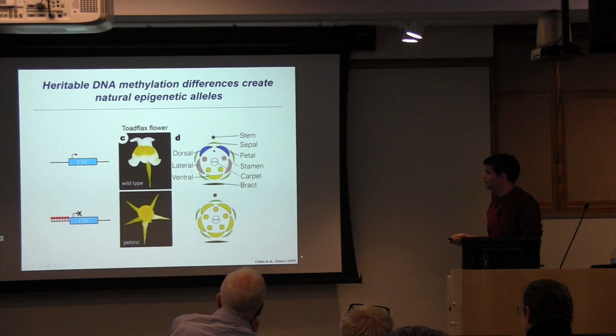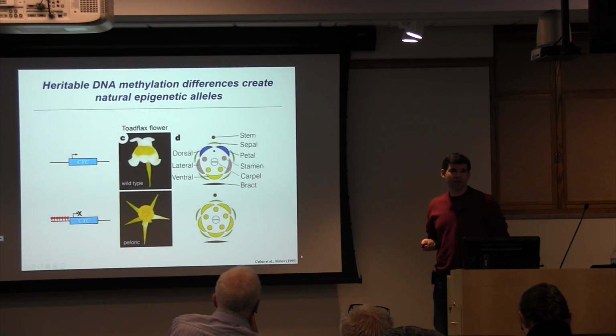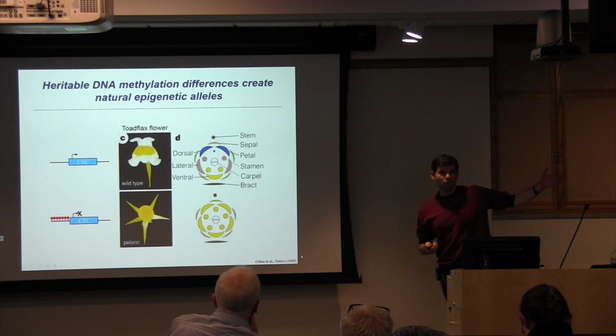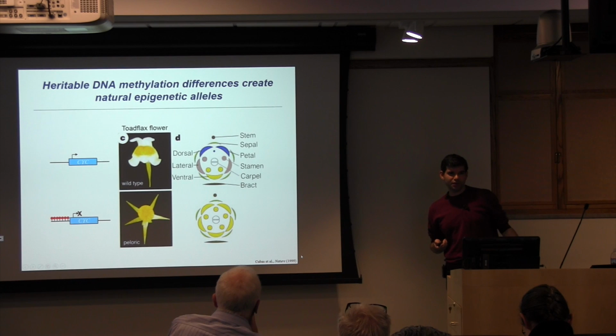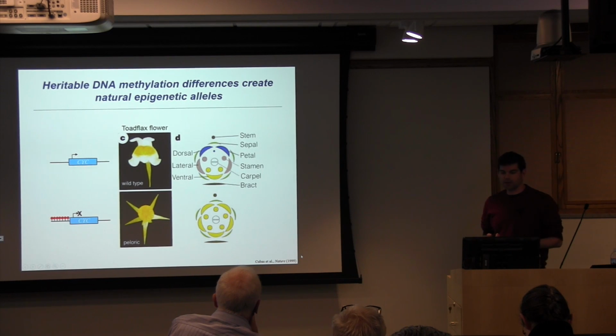And this is caused by methylation and silencing of the Cycloidea transcription factor. This allele was actually described, as far as I know, for the first time by Linnaeus in 1750. So it's a very old allele, and it's been around for at least 250 years in natural populations of toadflax. So these methylated and unmethylated states can in nature be quite stable and persistent.